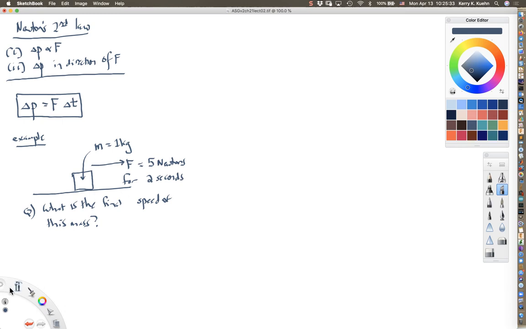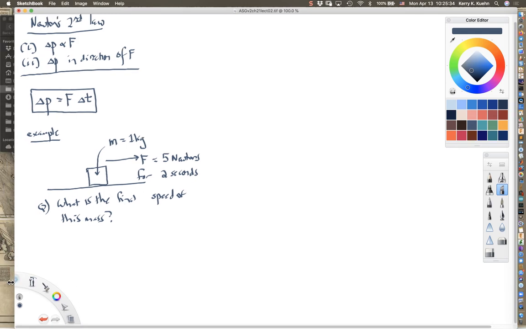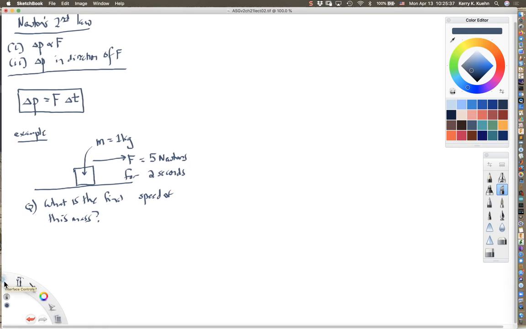Okay, so that's the question. How do we go about solving this problem? Let me move this out of the way. As you might imagine, we're going to use Newton's second law. We want to use the fact that the change in momentum that this block suffers, delta P, is going to be equal to the force we're applying to it times the time interval during which we're applying this force.